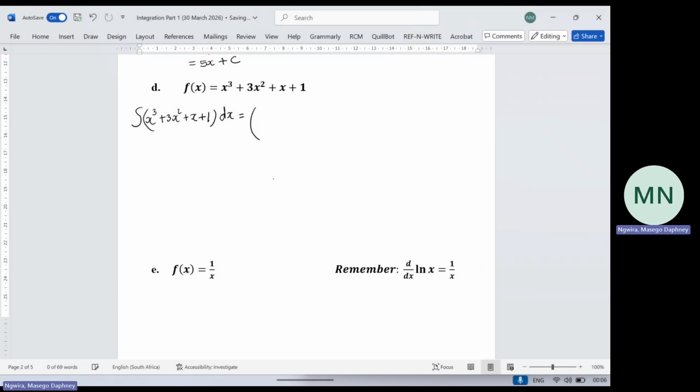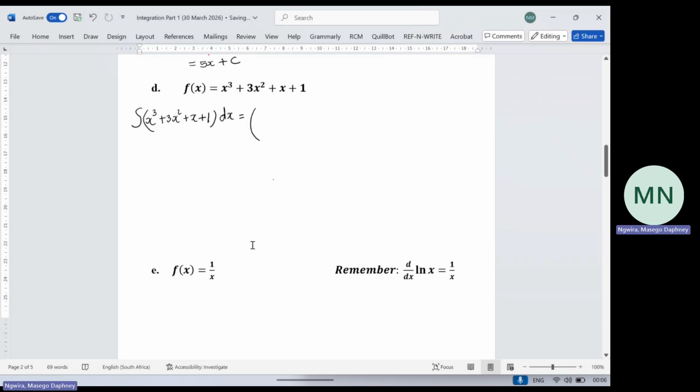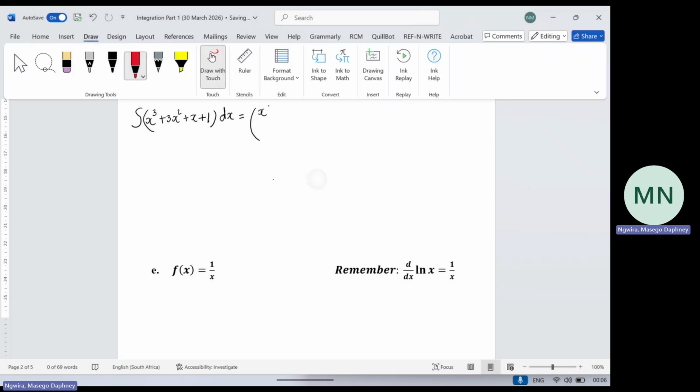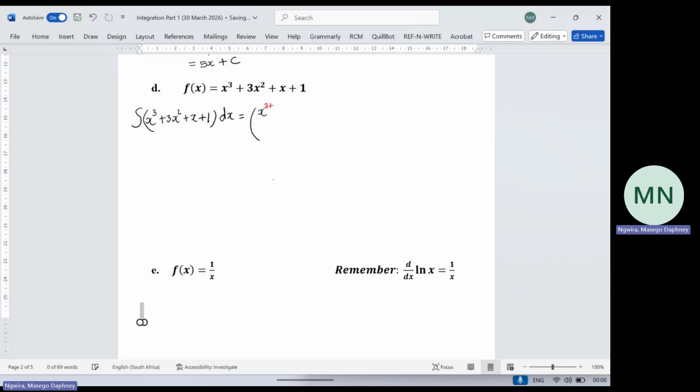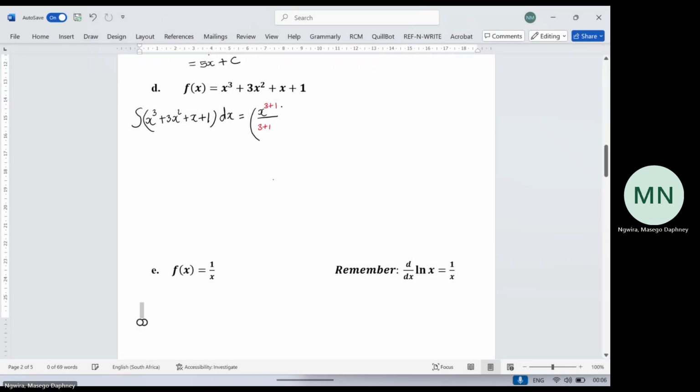So we are going to start with the first one. So it's going to be x to the power of 3 plus 1. Remember we said we're adding 1. So it's going to be 3 plus 1, then over 3 plus 1. So I'm just going to use brackets so that you can see. And then we say plus, then we move on to the 3x squared.